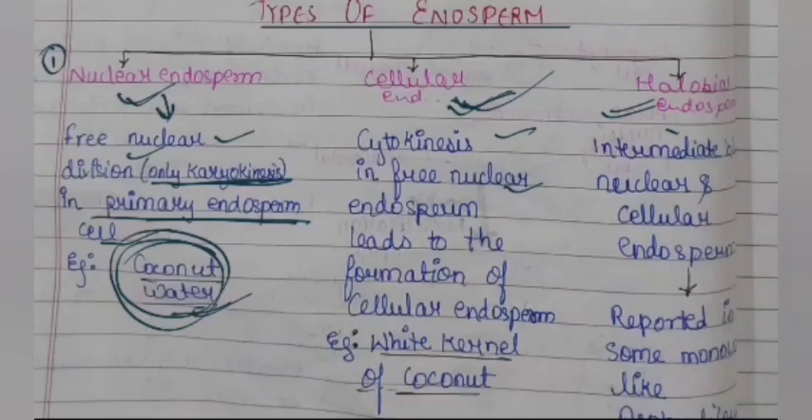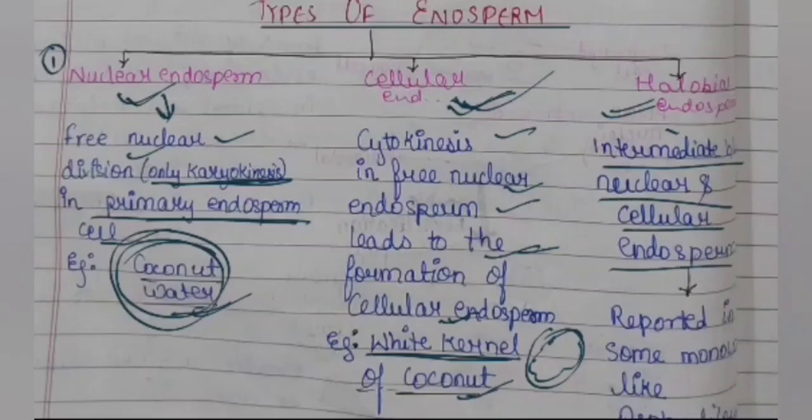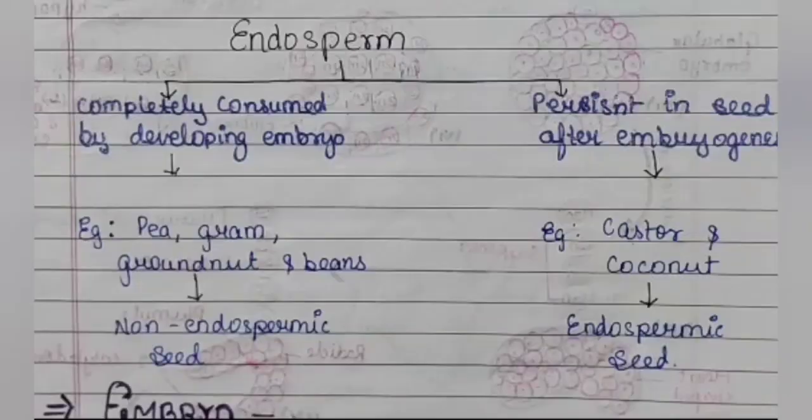Then the second one is cellular endosperm, which is formed by cell wall formation in free nuclear endosperm, leading to the formation of cellular endosperm, that is the white kernel, the edible part of the coconut. Then the third one, helobial, is intermediate between the nuclear and the cellular endosperm, which is mostly reported in monocots.